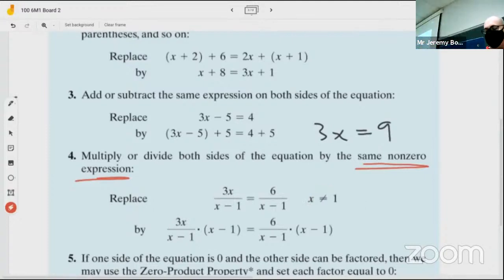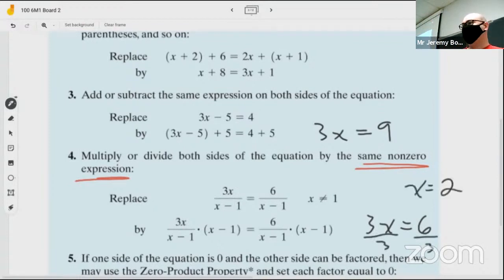But we can multiply both sides of that equation by x minus 1, which will reduce there, and we'll just be left with 3x is equal to 6. And then we could divide both sides of that by what? 3. And so x is equal to 2.